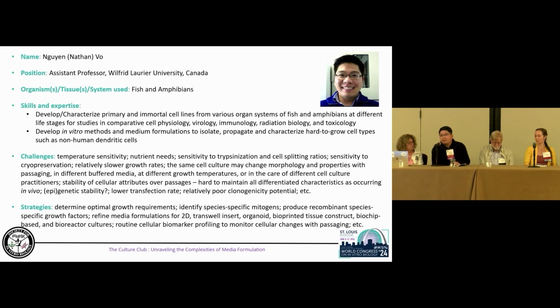Current research in my group is focusing on fish hemopoietic cell cultures. So I'm trying to grow fish dendritic cells, which are known to be hard to grow, and I have had some success recently. So I'm open to any question that you may have. If you want to develop fish cell lines or frog cell lines, I'm happy to help.